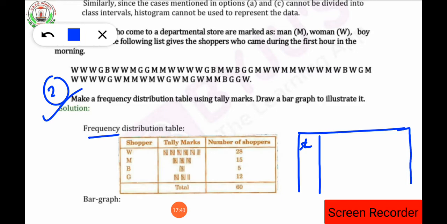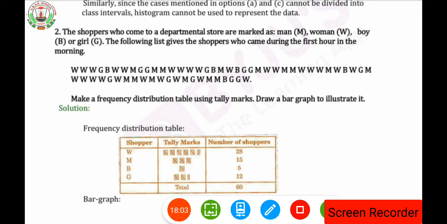And the person who gives the material to the customer is known as the shopkeeper. Remember, a shopper means an outsider coming to the shop to buy material. So the first column is for the shopper, the second column is for the tally marks, and the third column is for the frequency. Clear everyone?